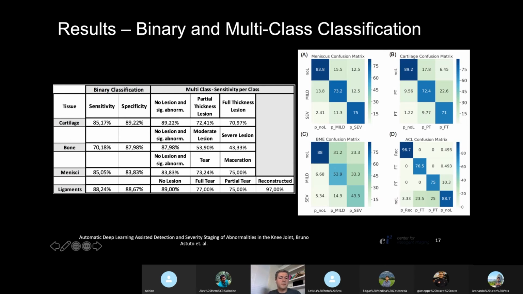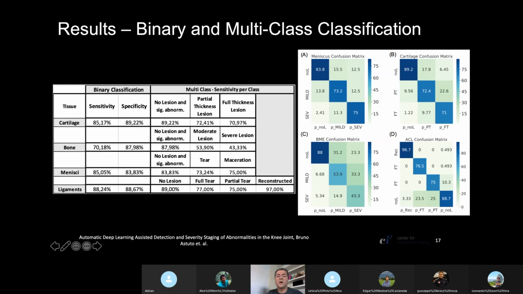Okay, so these are the results for binary classification and for multi-class. We got over 80% accuracy in pretty much all the models for binary. And for multi-class, we have more than 70% accuracy in all the classes except for bone. Bone, for bone marrow edema detection, is a work in progress.